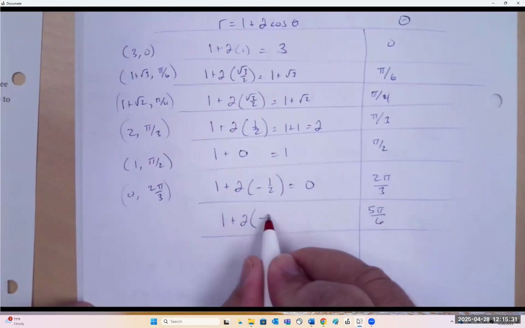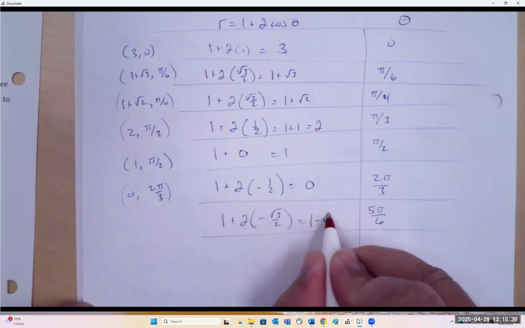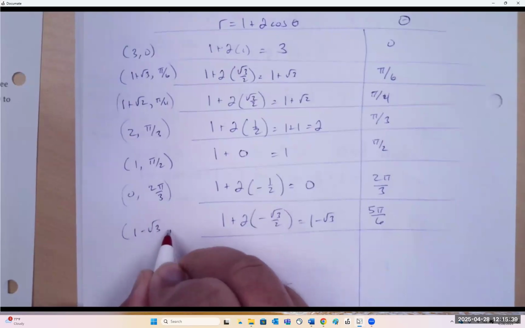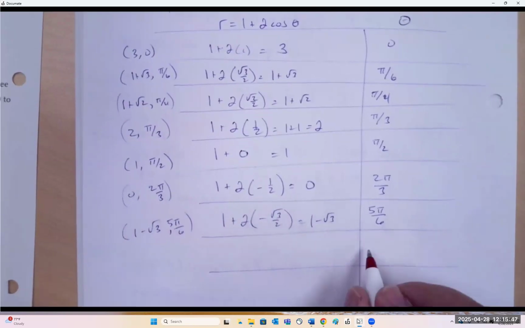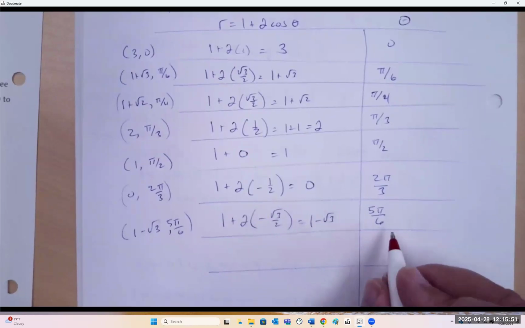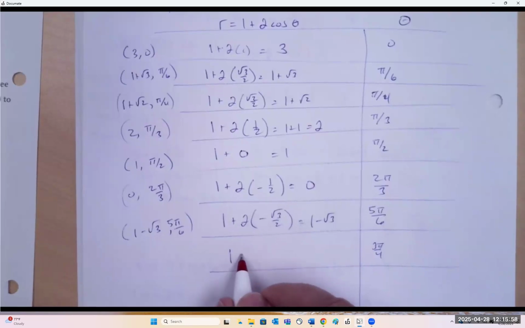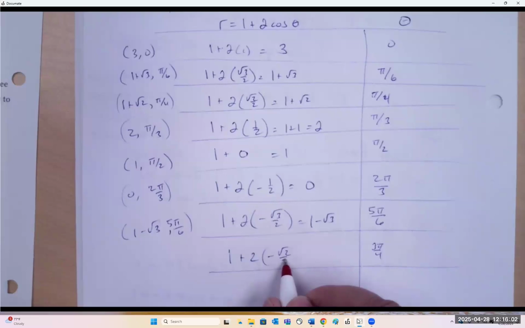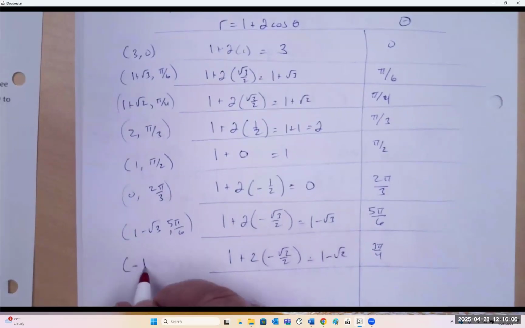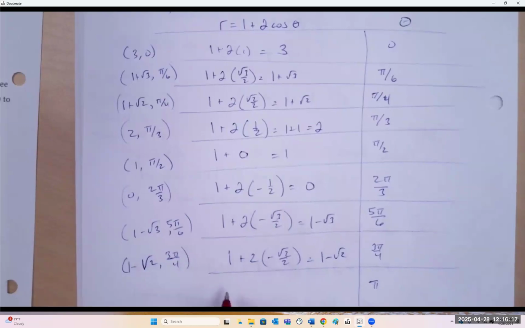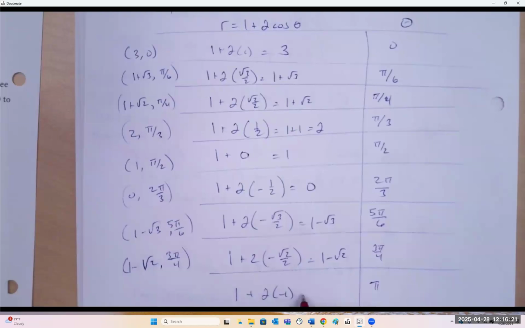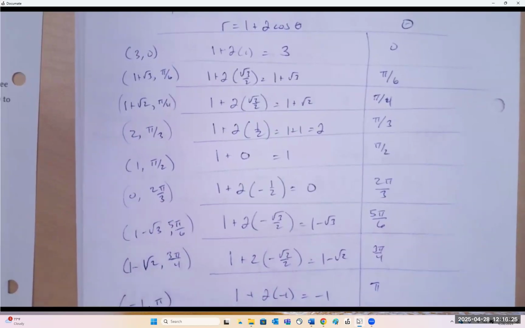This is 1 plus 2 negative radical 3 over 2, 1 minus radical 3, at 5 pi over 6, three pi over 4, one minus radical 2, pi over 4, and at pi, negative 1, pi.